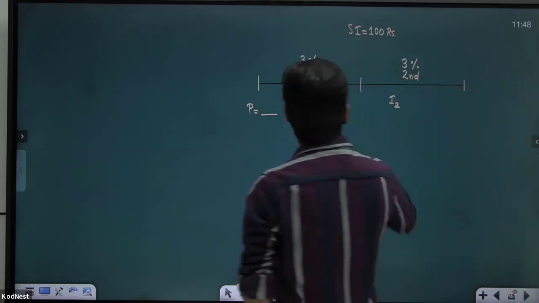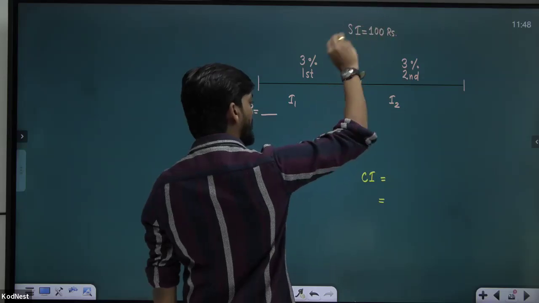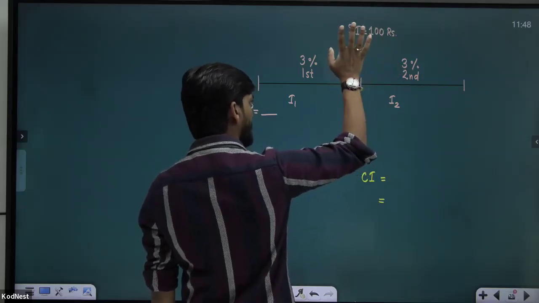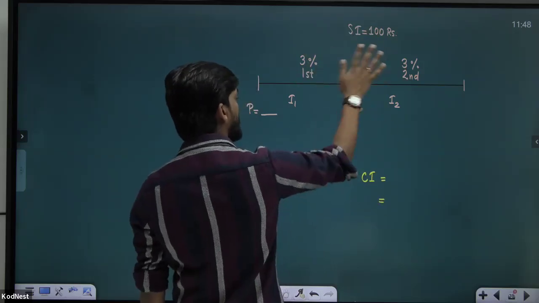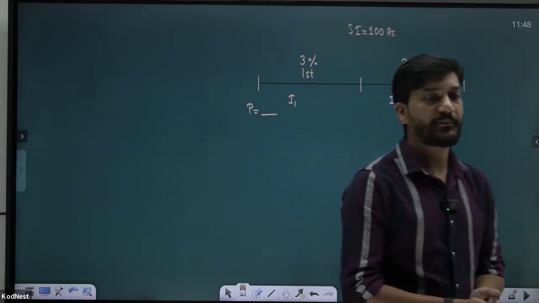My dear, I'm giving you the simple interest. Conditions are same, principal same, rate of interest same, time same. So simple interest given, calculate compound interest. 3% is the rate of interest. Start please.